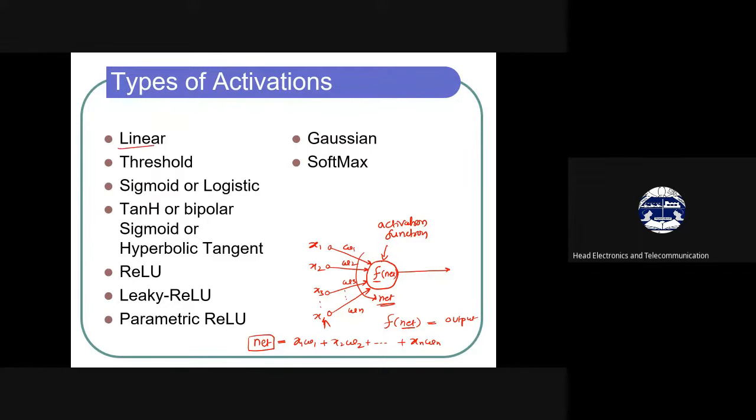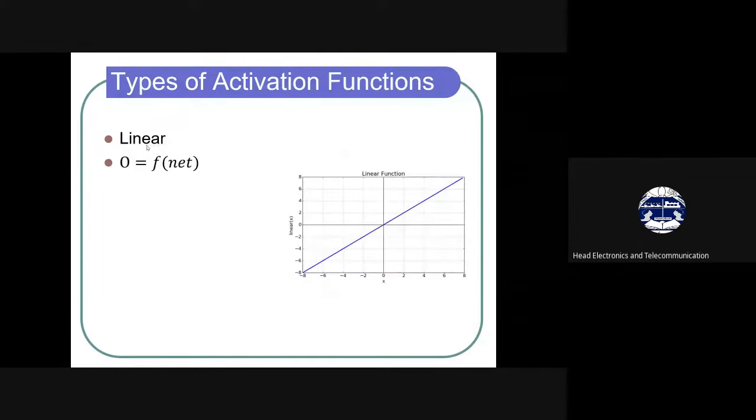The first one is called the linear activation function. Linear activation function says that output is equal to just the net value. Whatever is net, that is your output. In short, I can write f of net equal to net.